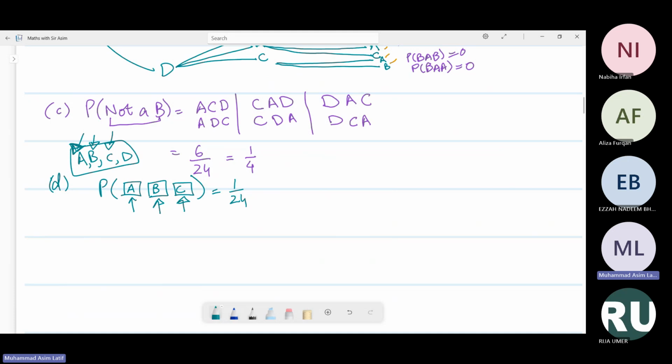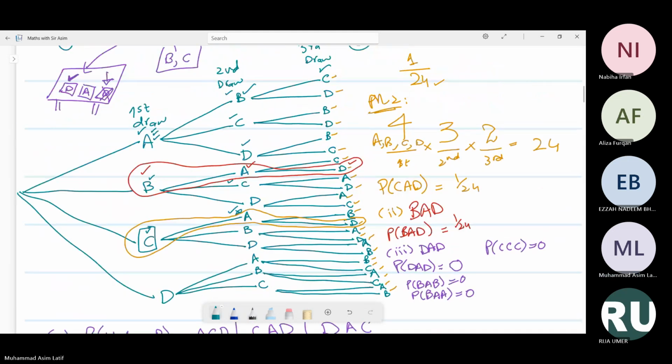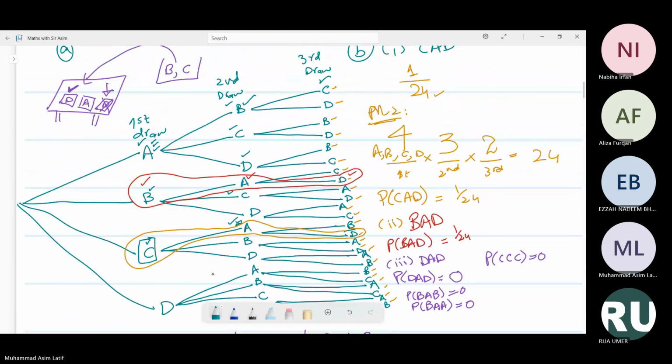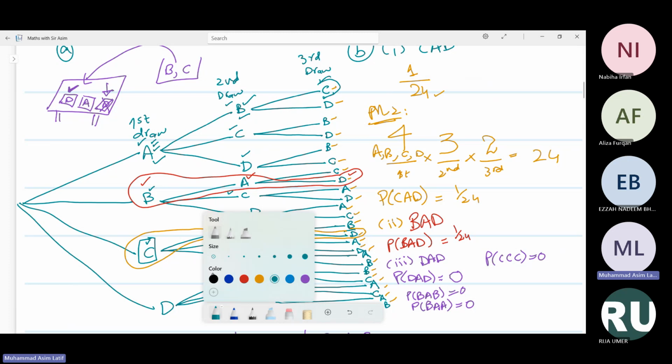A first, B second, C third. So from your tree diagram, A first here, then B second here, and C third here. This is the possibility we are talking about.